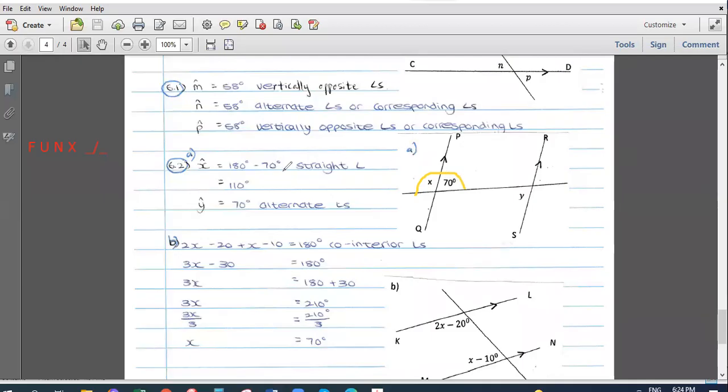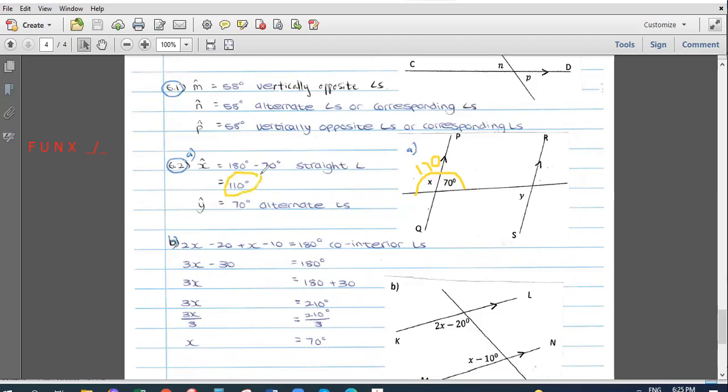So this is one of the situations in which we use 180. 180 minus 70 gives you 110 degrees. The other situation you will use the 180 is when we see a U. But at the moment we see a straight line. So this is now 110 degrees because we worked out to be 110 degrees here.